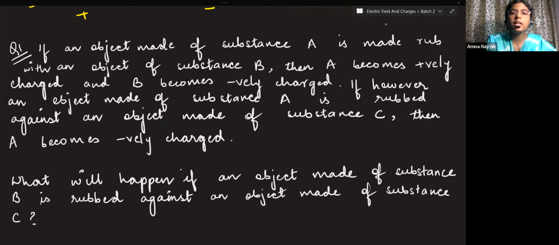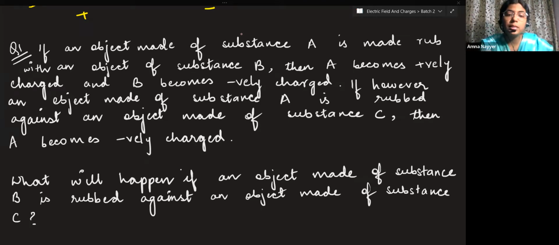If, however, an object made of substance A is rubbed against an object made of substance C, now a third substance has been introduced, then when A and C are rubbed, we see A becomes negatively charged. So definitely C becomes positively charged.